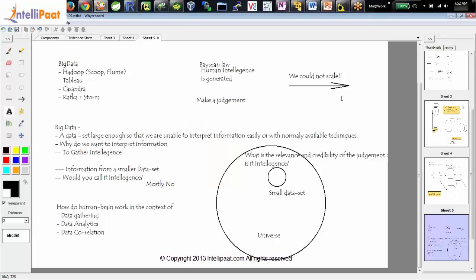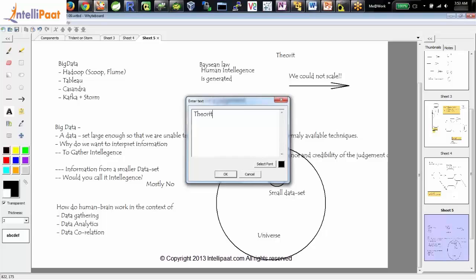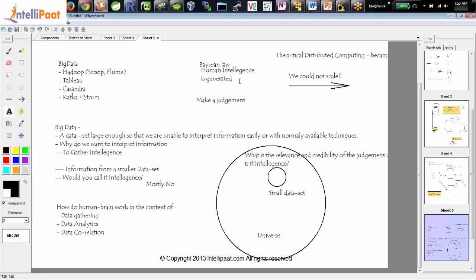But what happened recently is the theoretical distributed computing, right?